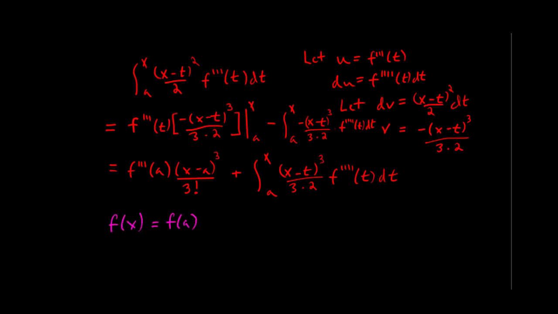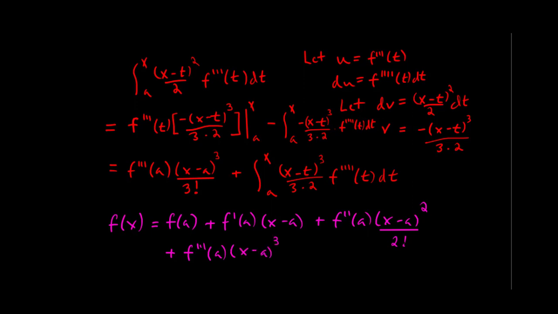We have f of x equals f of a plus f prime of a times x minus a plus f double prime of a times (x minus a) squared over 2, which is equal to 2 factorial, plus f triple prime of a times (x minus a) cubed over 3 factorial, we just found that, plus our new integral from x to a of (x minus t) cubed over 3 times 2 times f quadruple prime of t dt.